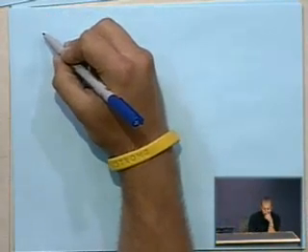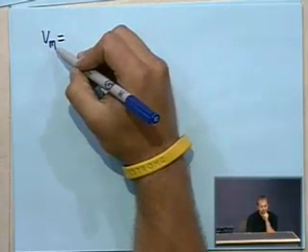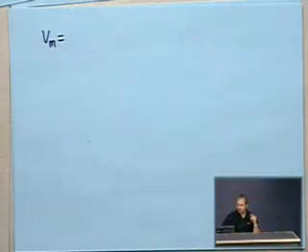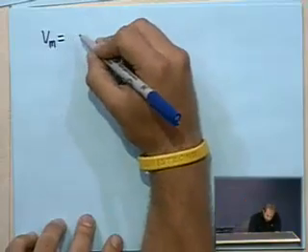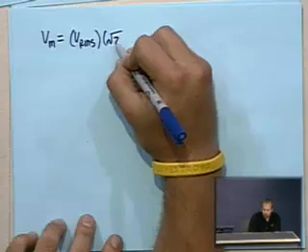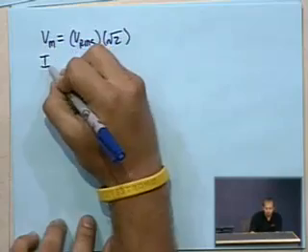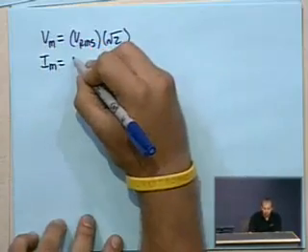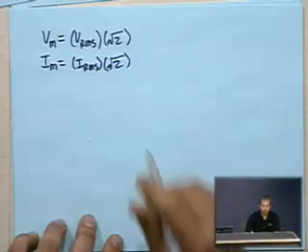We said that there's this relationship of the peak voltage to the RMS voltage: we can multiply the RMS value times the square root of 2, and that gives us the peak value. Same thing is true for the magnitude of the current. Multiply the RMS current times the square root of 2, and you get the peak value.